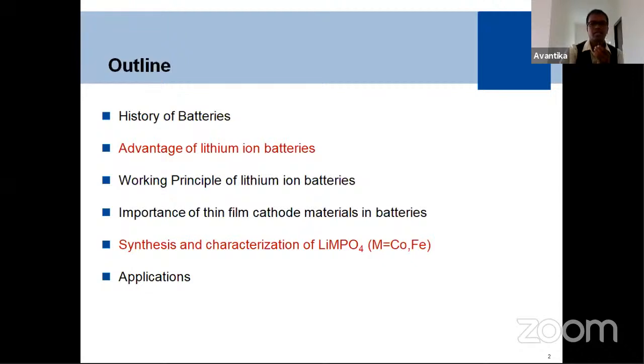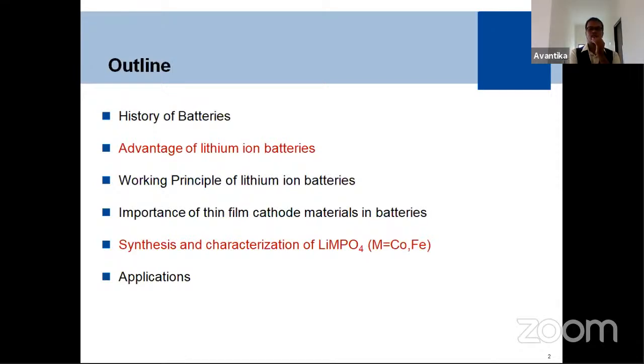Okay, so let me start once again. Okay sir, so I will tell you the working principle of lithium-ion batteries, and after that I will cover the importance of lithium-ion batteries like thin film form of cathode materials which is used for different application, and also I will tell you the different types of synthesis method.